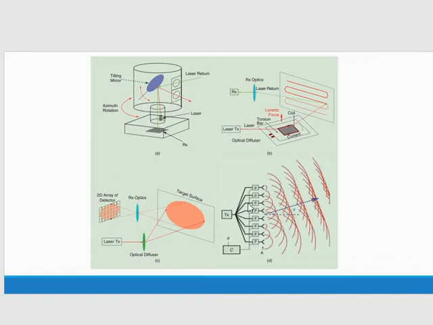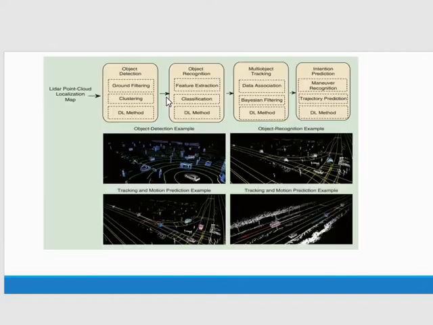When we use all these things together, we can form a big array, thus producing a large number of laser signals. The object detection model in lidar mainly uses ground filtering, extraction, base filtering, and a trajectory predictor.